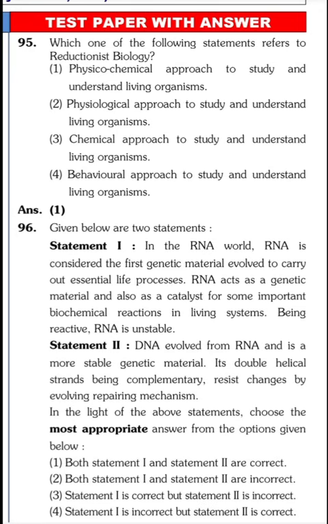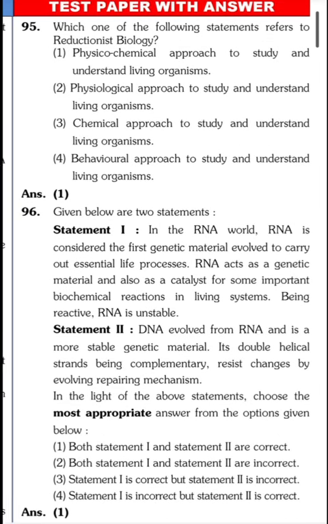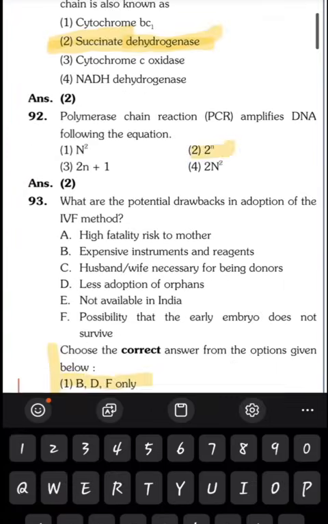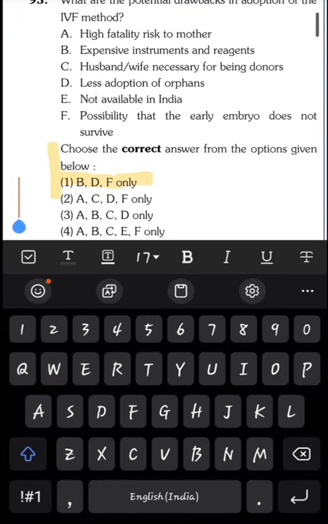Statement 1 is correct. Statement 2: DNA evolved from RNA and is more stable genetic material. Its double helical strands, being complementary, resist changes by evolving repairing mechanism. In the light of the above statements, the appropriate answer is both statement 1 and statement 2 are correct.